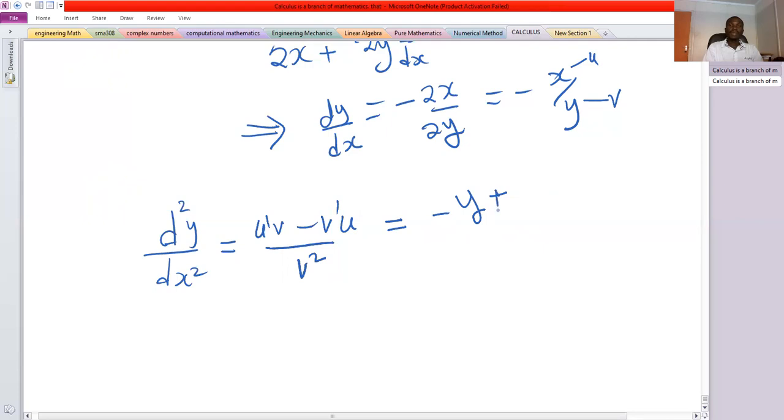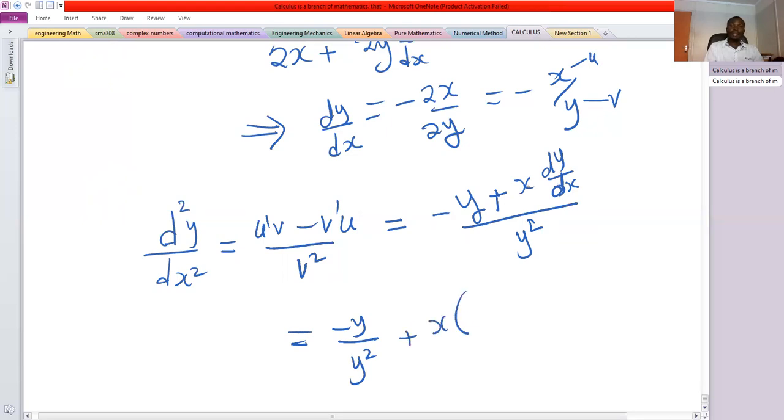So minus minus plus. So we'll have x dy dx divided by y squared. So which will be negative y over y squared plus x, but dy dx we put minus x over y, divided by y squared.